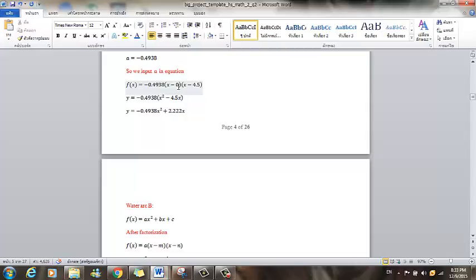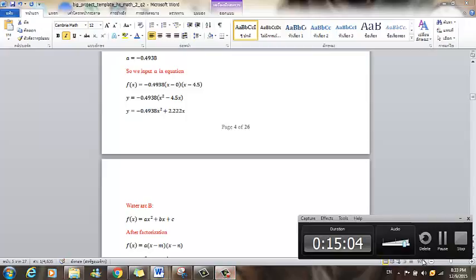It's gonna be lost. So y will equal minus 0.4938 x squared plus 2.222 x. That is my parabola.